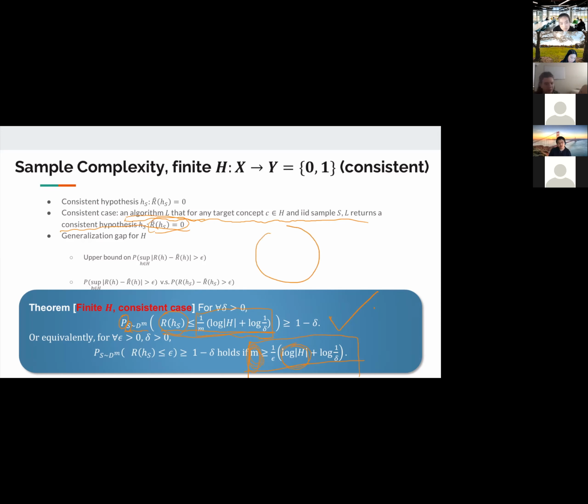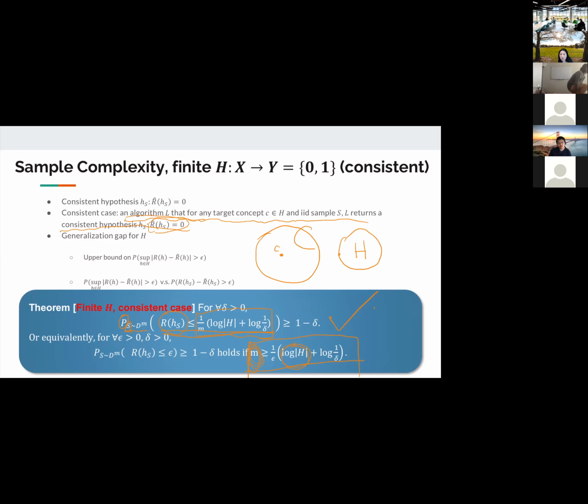So let me see. You have a C here, and this is the collection of the C, let's say. And now if your H is here, then your empirical error cannot be 0, because there will be some examples.